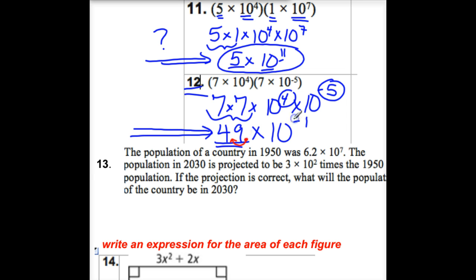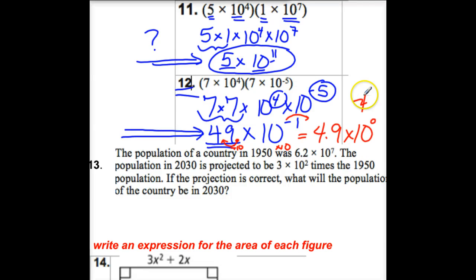Remember what we said, you've got to counter-react that by moving the exponent forward 1. Because this is dividing by 10 by moving that back, so we need to multiply by 10, which would move the exponent forward. Because we don't want to change its value, we're basically just giving it a facelift. So this would give me 4.9 times 10 to the, now what happens when I move -1 forward 1? I end up with 0. Well, what's that? That's 1. So actually I could just say that's 4.9 when that one's all said and done.